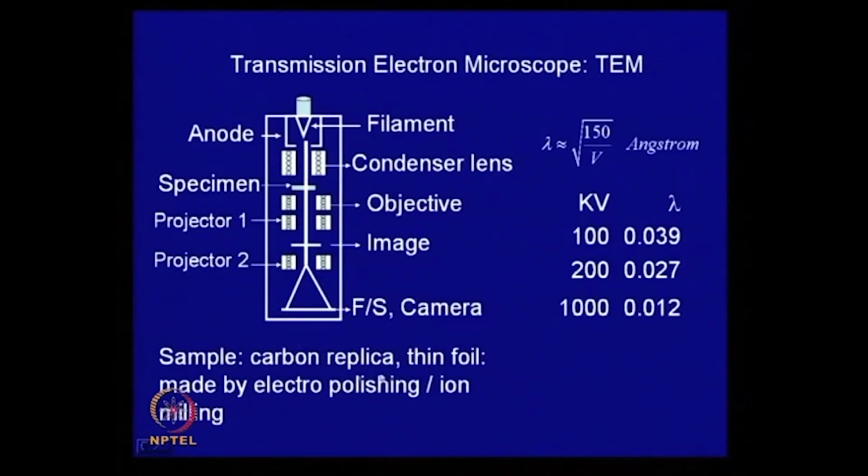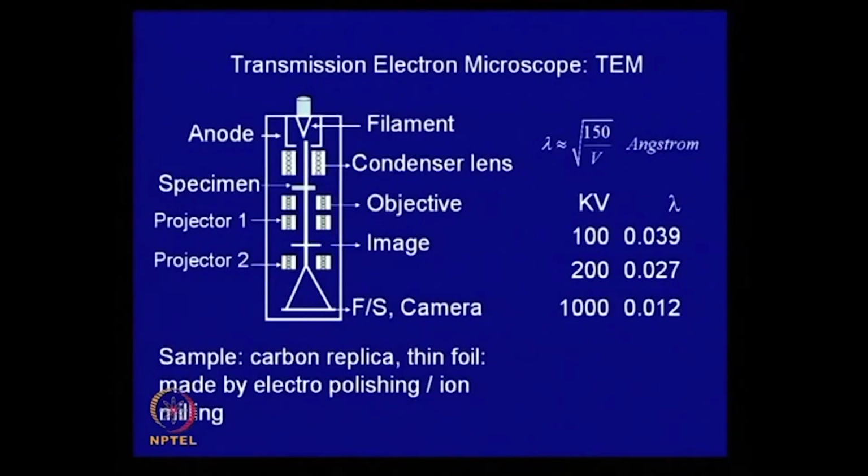You can take a replica. What you can do is, on a piece of metal, you can deposit a layer of carbon, and you can then float that replica by dipping it in water, and that replica can be fished onto a copper grid, and that grid can be placed in the microscope here as a sample, and that carbon foil gives an image of the top surface of the metal.